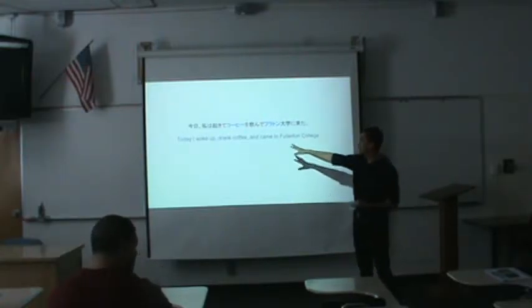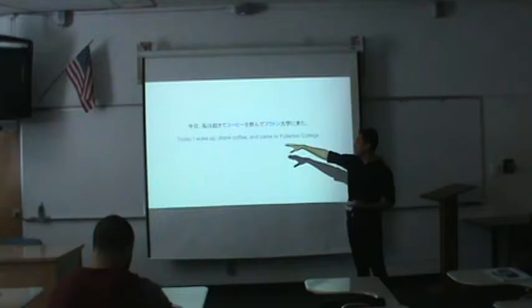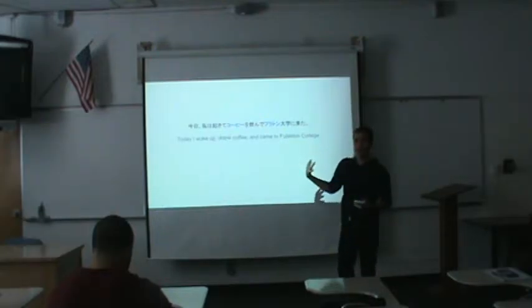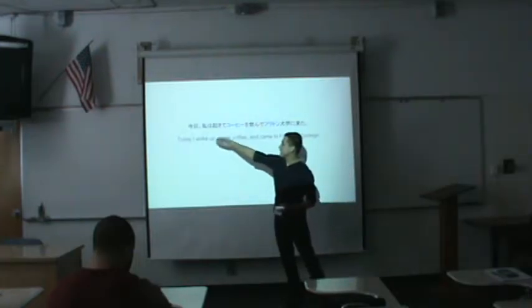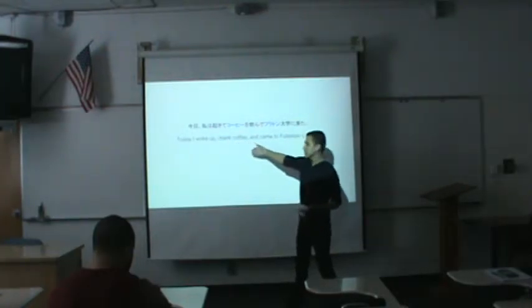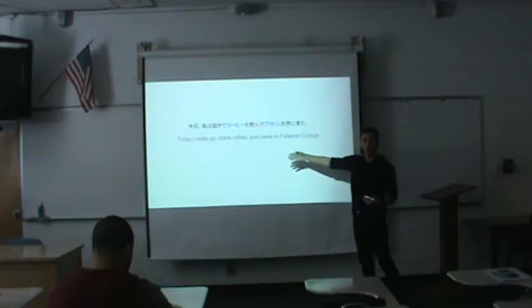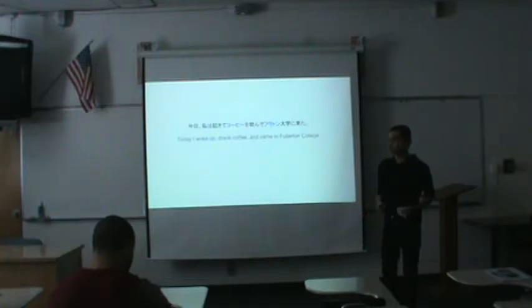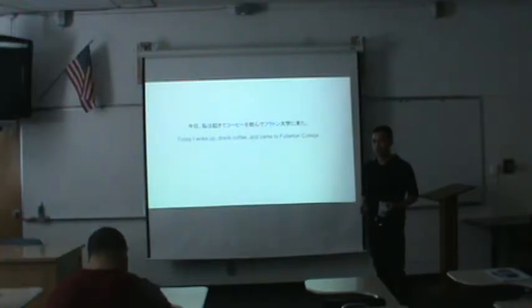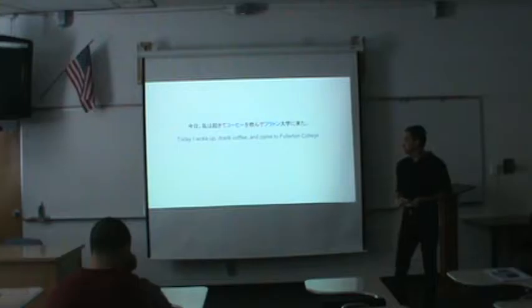And then the hiragana is being used to give you grammatical context. Without them, you would not know that we're talking about me, or that I drank coffee, or that I came to college, or that I woke up. This was all done in the past. You would never know that without those. Altogether, they work to reduce the ambiguity that can be caused in their written language.